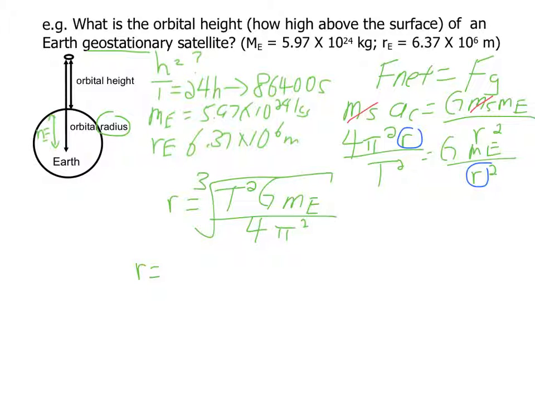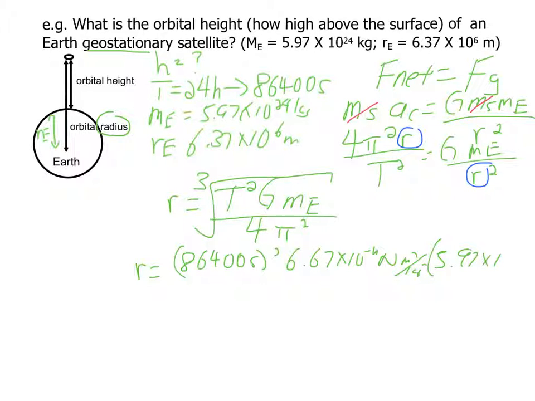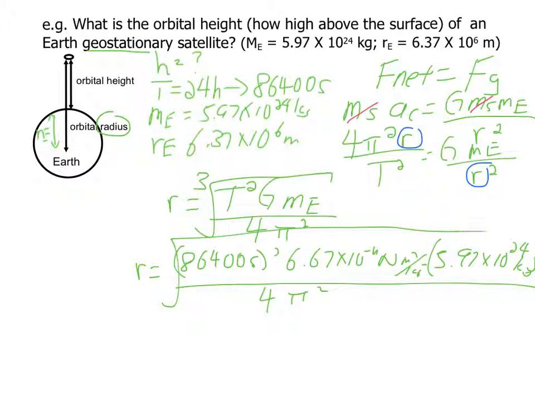So then we plug in some numbers. T is 86,400 seconds, don't forget to square, times G, 6.67 times 10 to the minus 11 newton meters squared per kilogram squared, and the mass of the Earth is 5.97 times 10 to the 24 kilograms, all divided by 4 pi squared, all to the cube root.